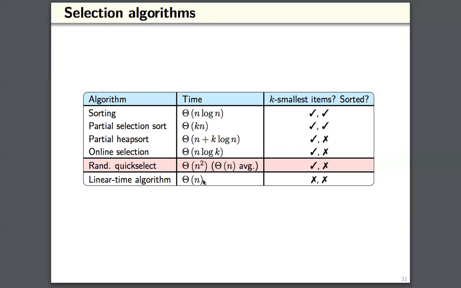Now let's look at this column. What does it say? It says, while solving this problem, do you also get the k smallest items? We may or may not. Here we will find the k smallest items.